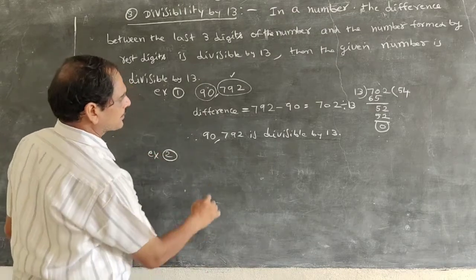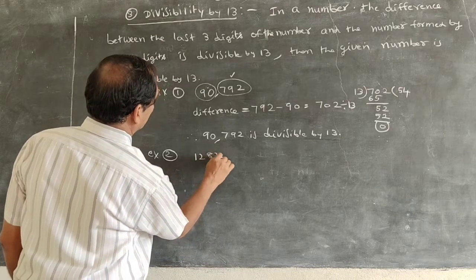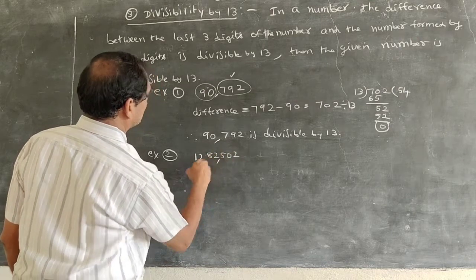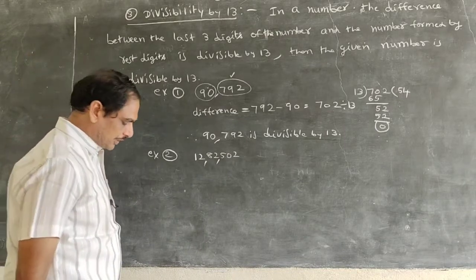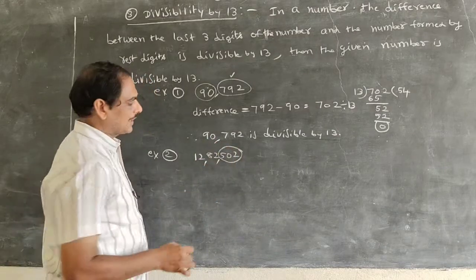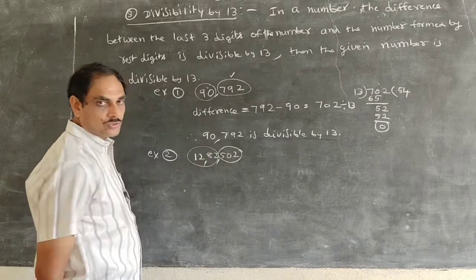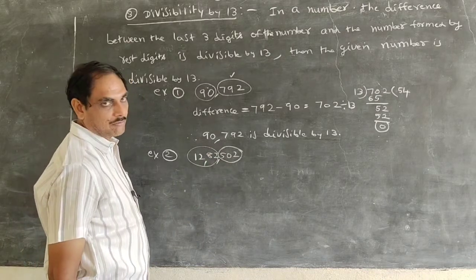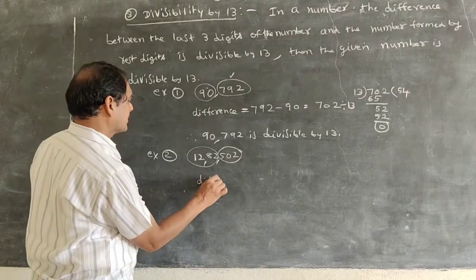Second example is 1,282,502. In this, we take the last 3 digits of the number, which is 502, and the number formed by the rest of the digits of the number is 1282. Now we find the difference.